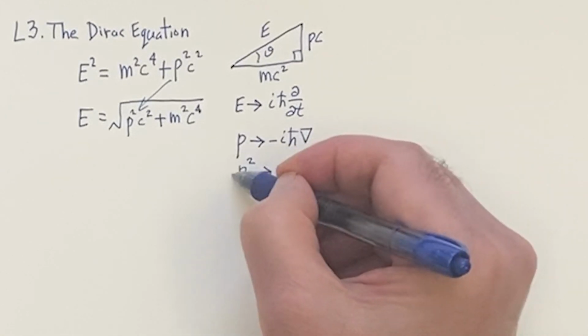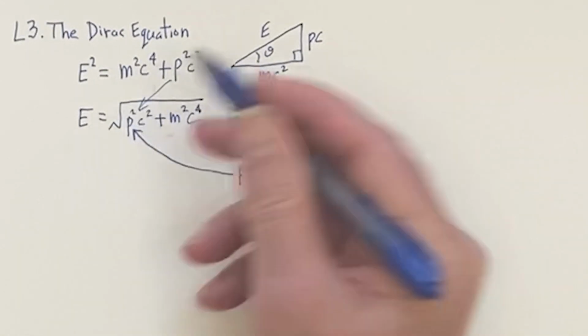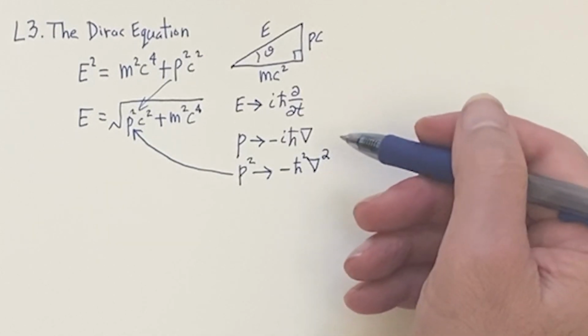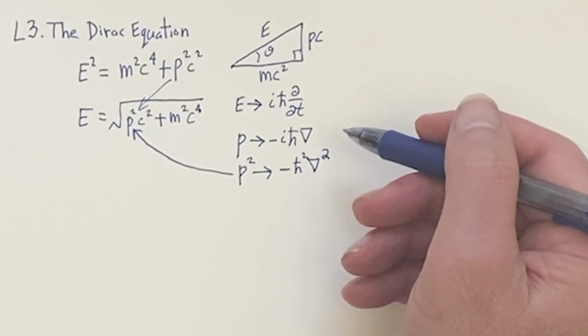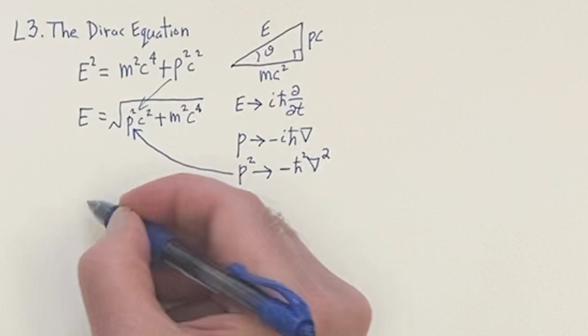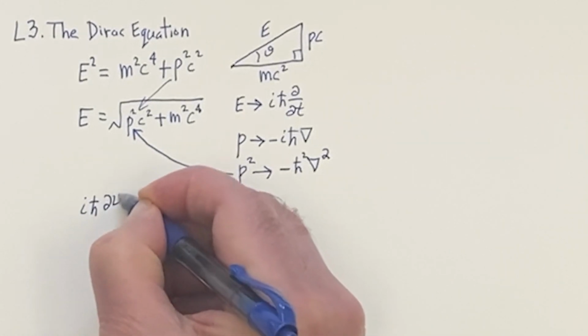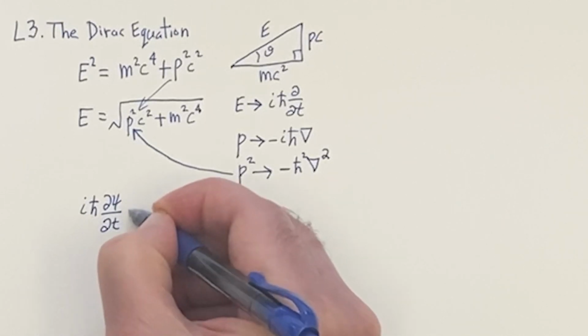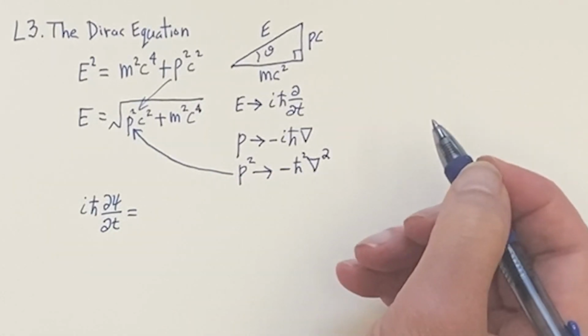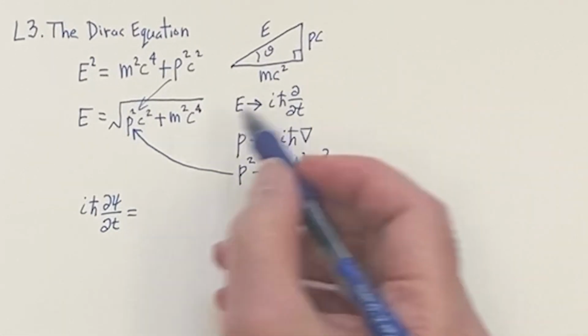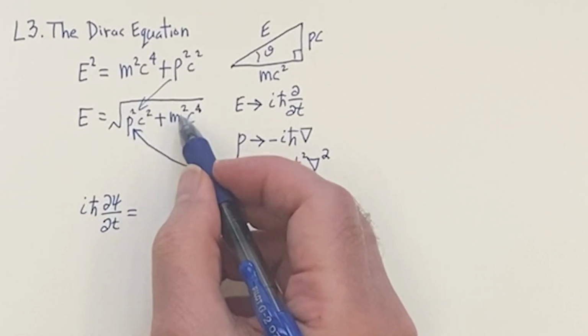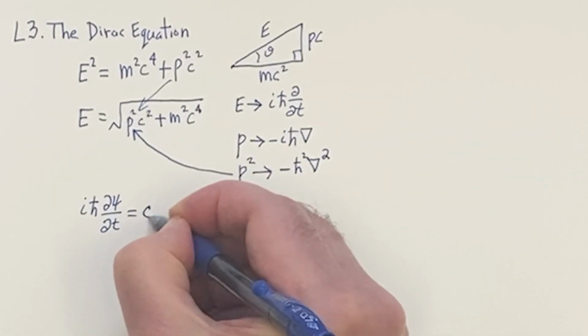But see, now when this goes in there, you take the square root of derivatives. What is that? So here you would have i h bar partial derivative with respect to time. And here there is a c squared in both places, so let's pull out one of the c's.